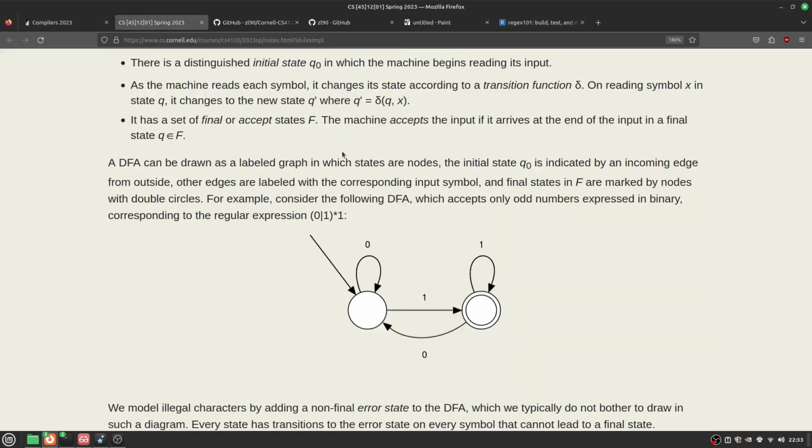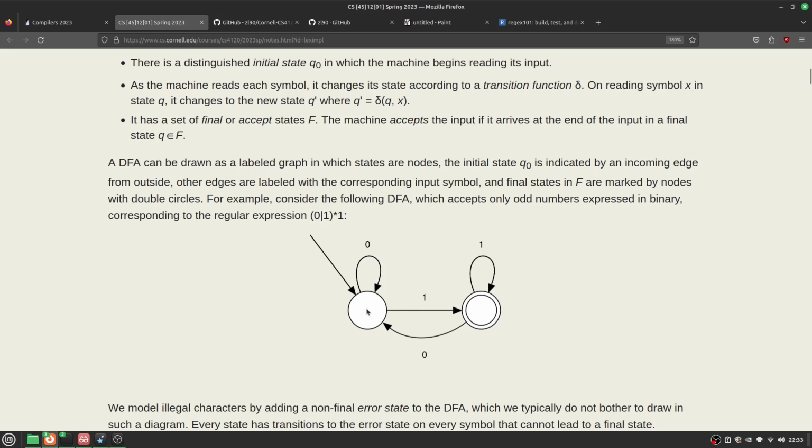So let's try and decipher this DFA. So we start in this state. If the first letter is 0, we return to this state because we can't finish. I'm guessing this is what this means. If the next letter is 0, we can't finish.